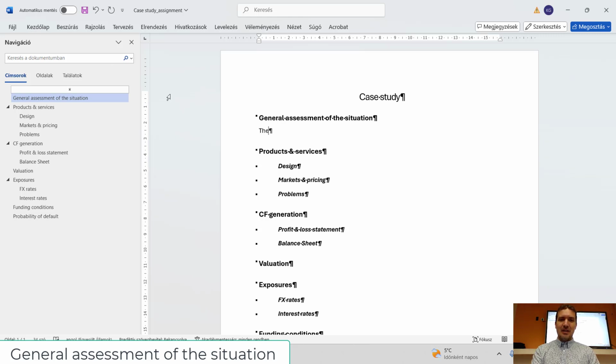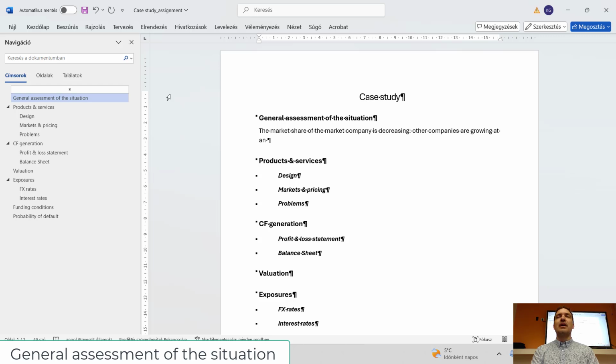So the market share of the company is not just not growing, but practically it's decreasing, because other companies are growing at an exponential scale.